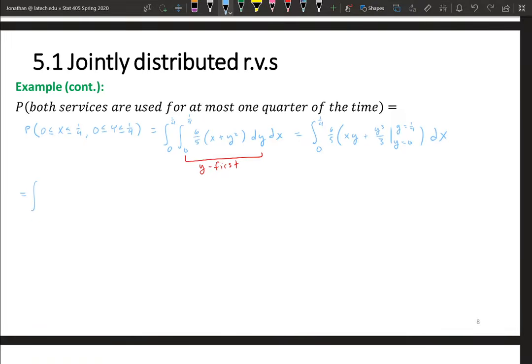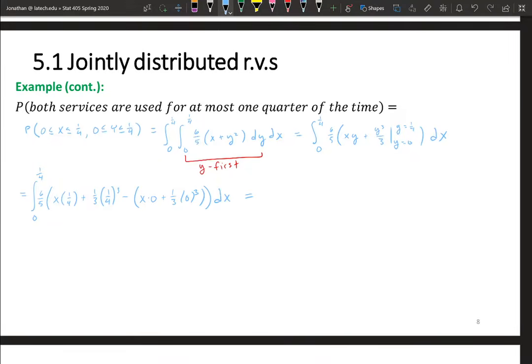And then plug in the bounds. It's going to be integral 0 to 1/4 for x. 6/5 stays. And then we get x times 1/4 plus 1/3 times 1/4 cubed, minus, and then we would get x times 0 plus 1/3 times 0 cubed, dx.